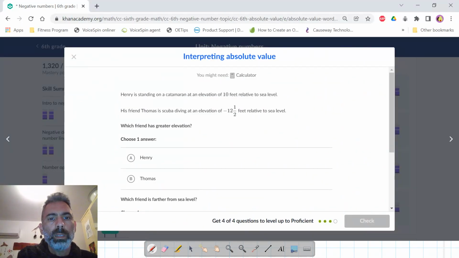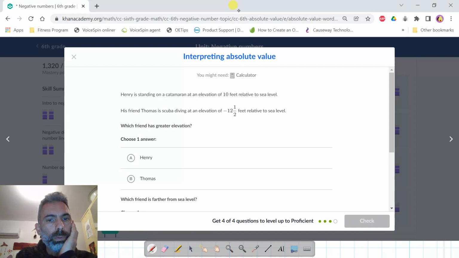Henry is standing on a catamaran at an elevation of 10 feet relative to the sea level. His friend Thomas is scuba diving at an elevation of negative 12.5 feet relative to sea level. Which friend has greater elevation? Okay, so we are not talking about absolute value here.